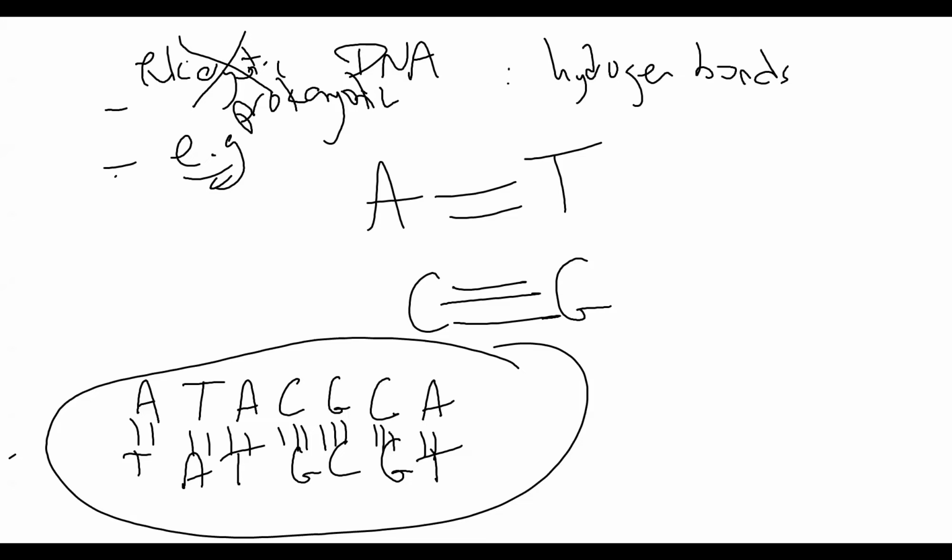So guys, phosphodiester is between the bases up and down, and then the hydrogen is between the double helix. Okay, now if I say how many phosphodiester bonds do we have in the prokaryotic DNA? Let's say that this DNA structure is a prokaryotic structure. It's not a eukaryotic structure. How many do you think? Let's see who's the smart one.